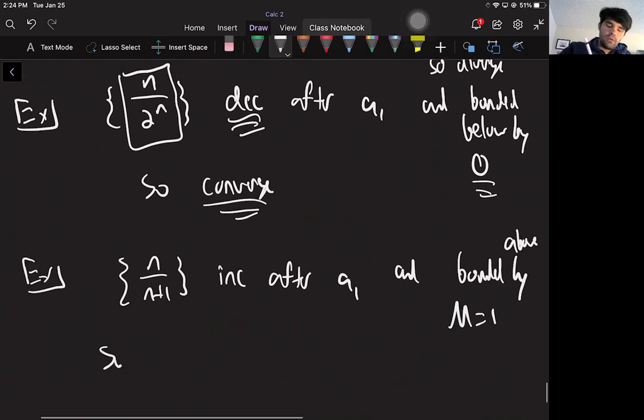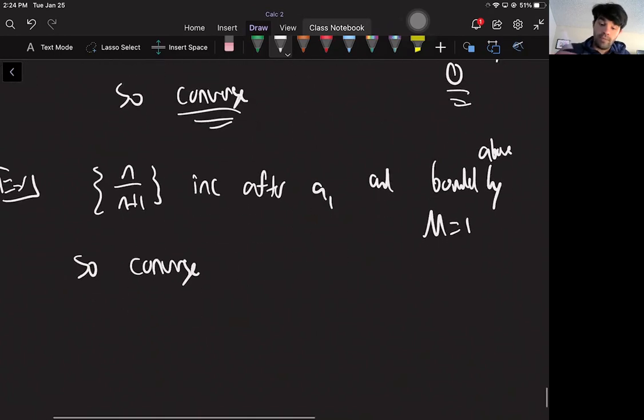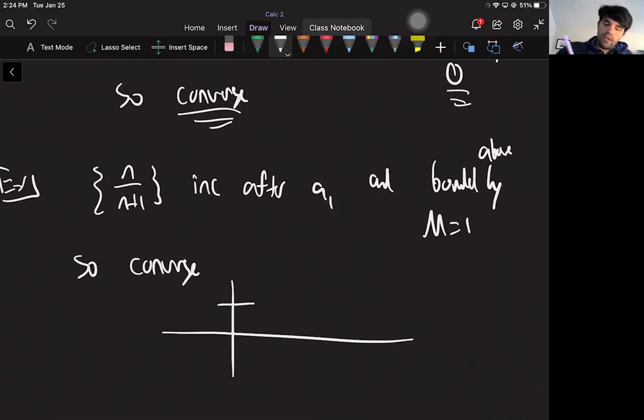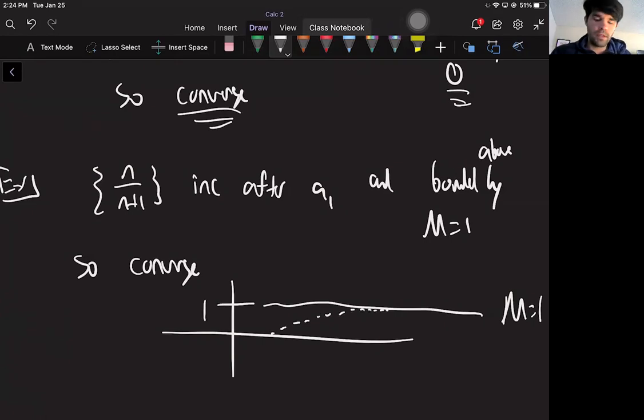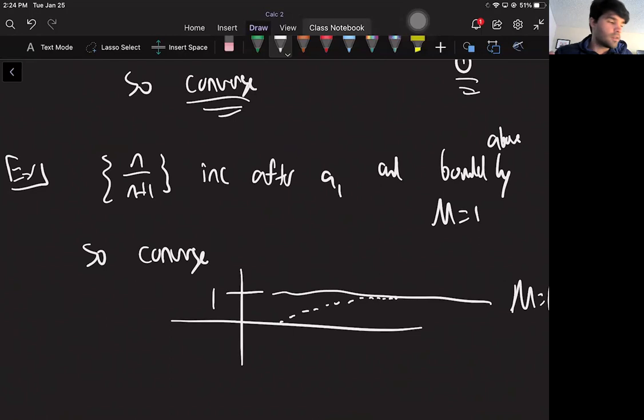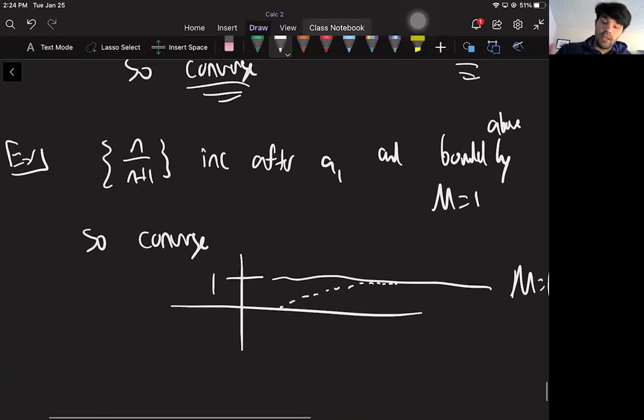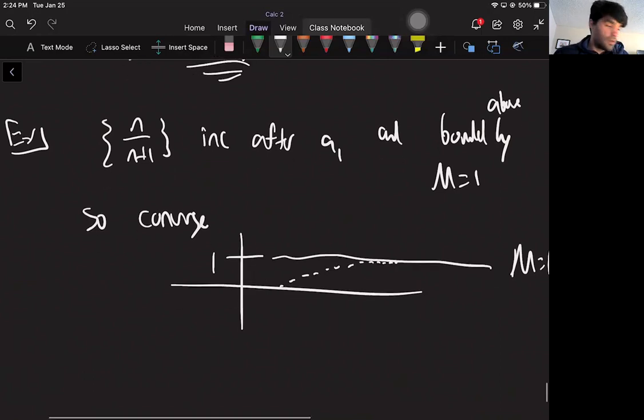So it's going to also converge because the terms are going up and up and up, but they can't seem to get past 1. So they just get closer and closer, and that becomes their limit as you go down the list of terms. So again, it's because it's both bounded and increasing for above, or bounded below and decreasing. And then that's enough to converge.